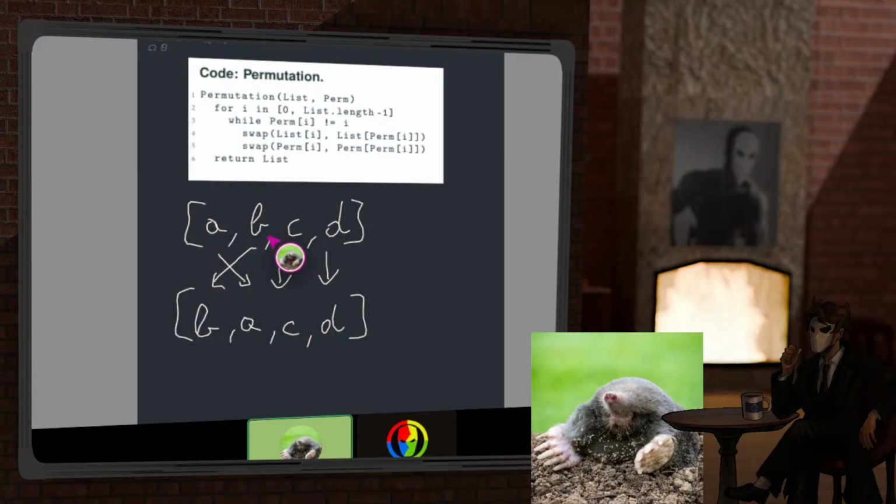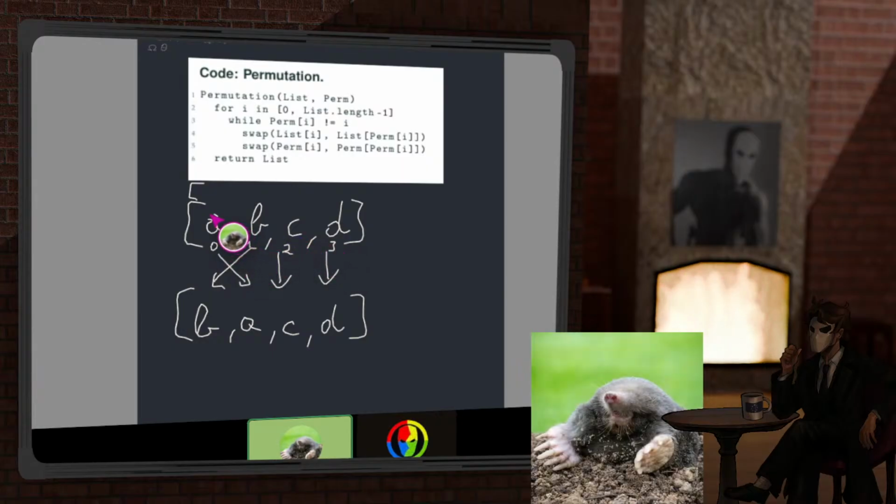To describe the exact permutation we want, we are also going to give it another list with where we want each value to go. For example, we are in computer science, so we are indexing from 0.